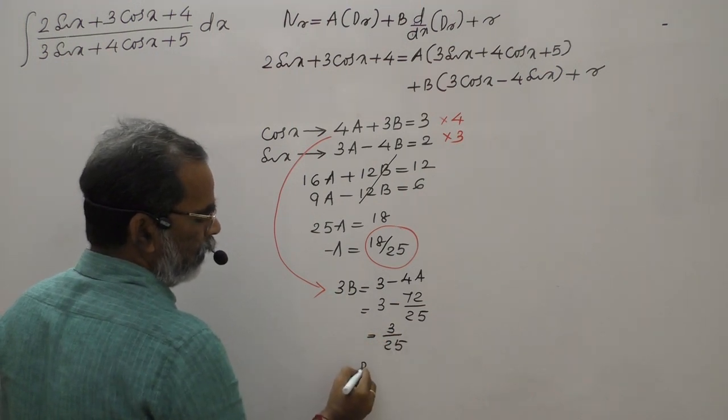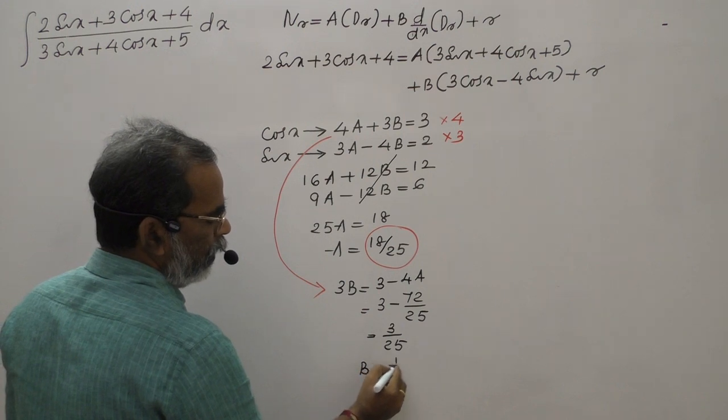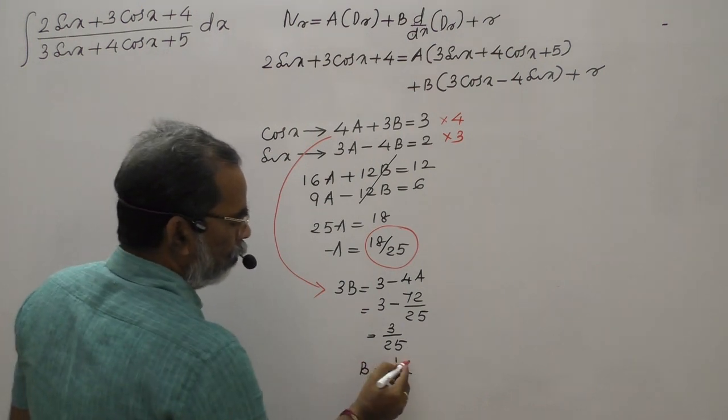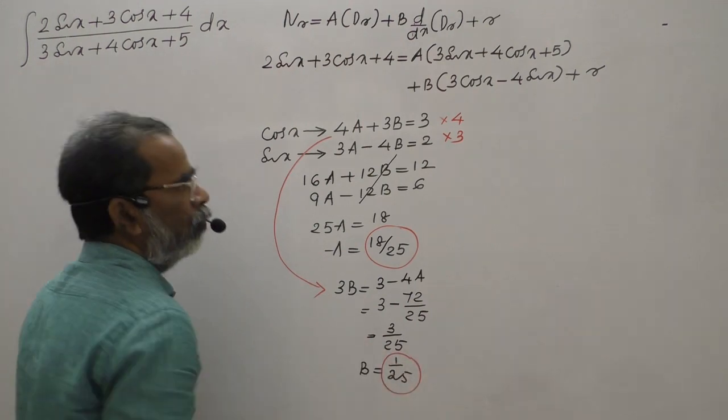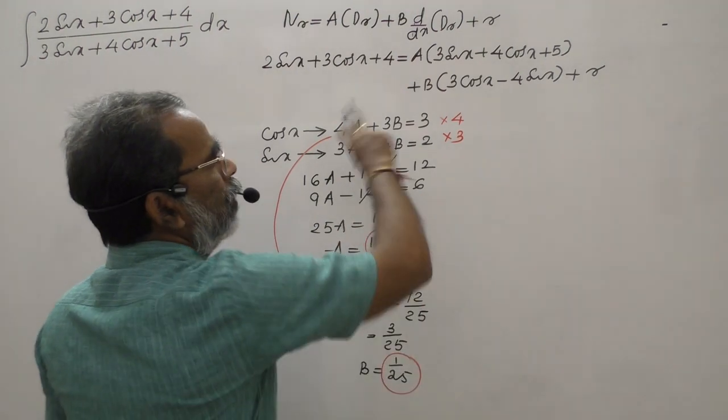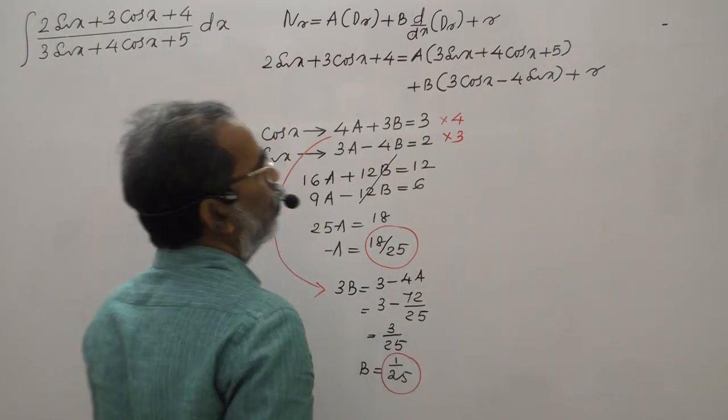This is 3b. Therefore, b is equal to 1 by 25. b also came. We need another value r. For that, equating constants on both sides.